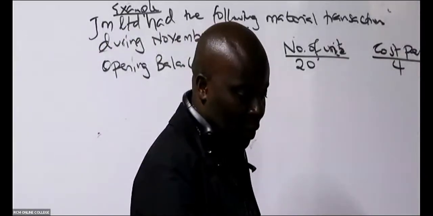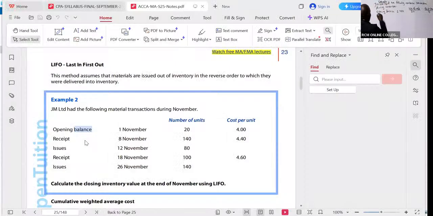Ladies and gentlemen, we go to the second transaction in the month. We received, so receipt 8th November, 140 units, and the cost per unit, the one on top was 4, this is 4.4.